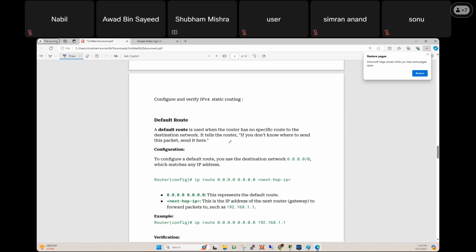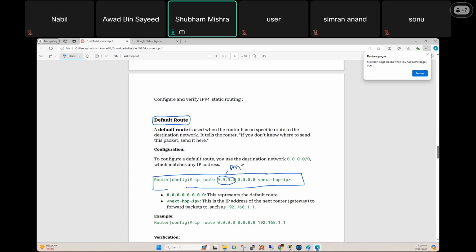So see here, configure and verify IP static routing. The first one, guys, is called the default route. In yesterday's class, I told you about the default route. This is the command for the default route: ip route 0.0.0.0 0.0.0.0 and the next hop. What is the meaning of this?